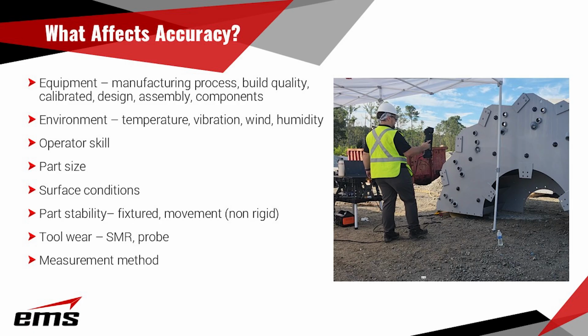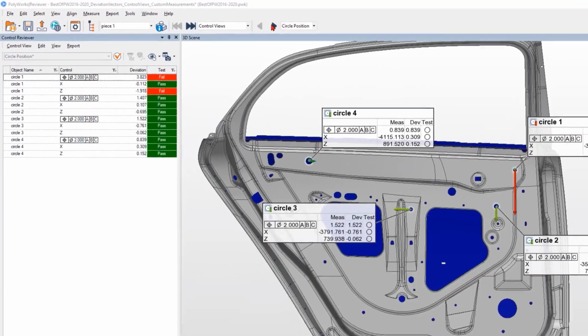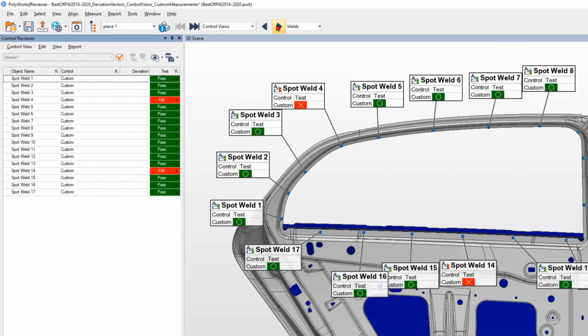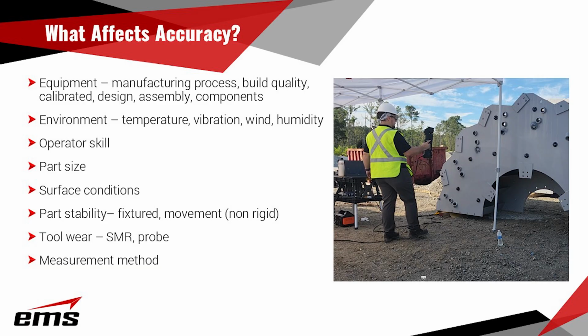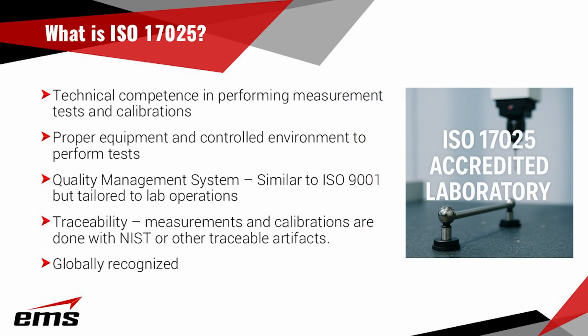If you're measuring certain things, are you even doing it right? Are you doing the right commands in the software or the right methods to get the correct measurement? So those are some of the big factors that come into play. So again, it could be poor equipment right out of the get-go, or it could be some other factors that affect the actual accuracy.